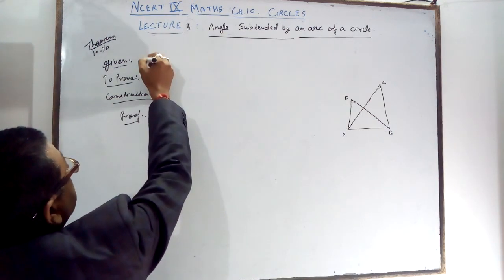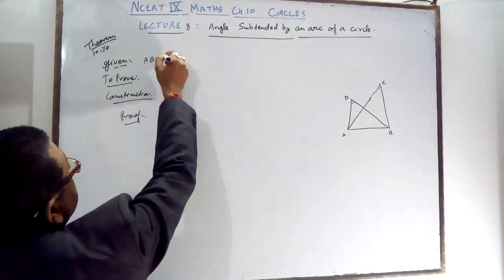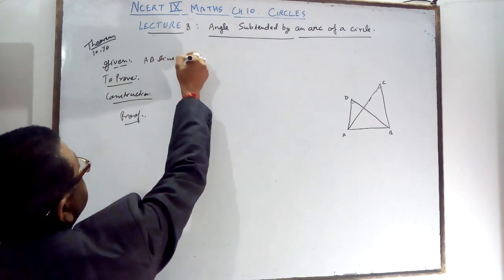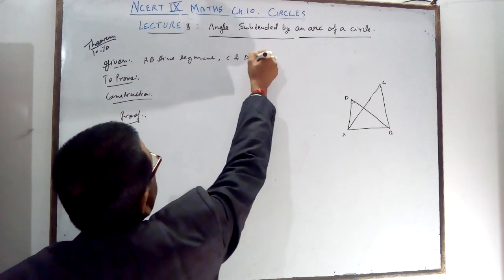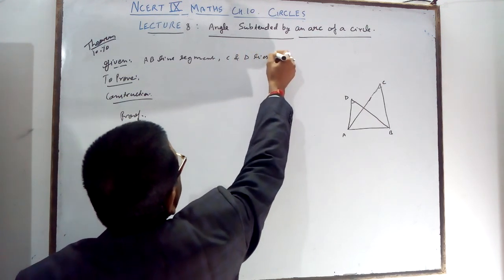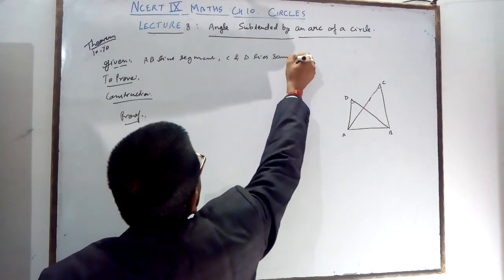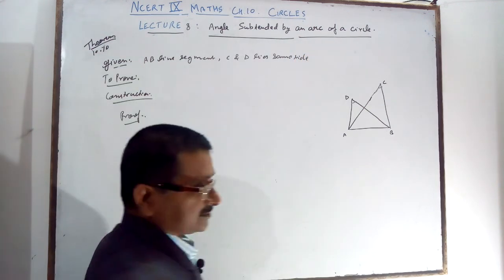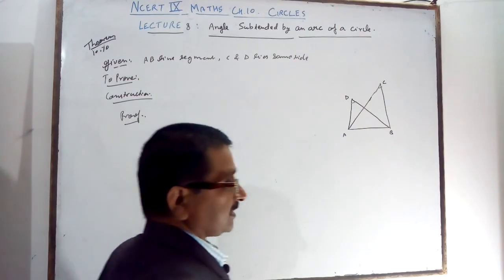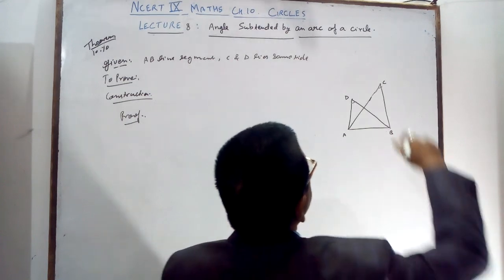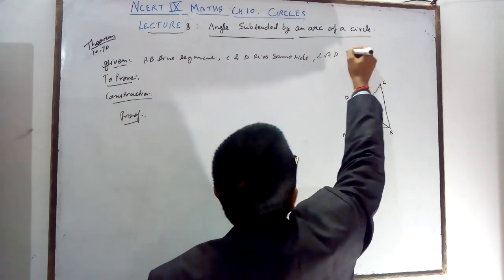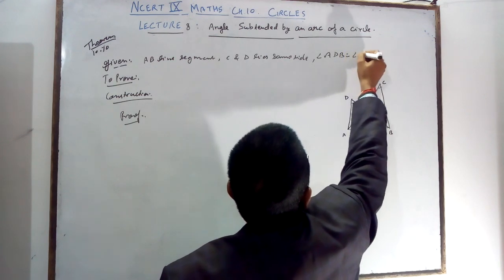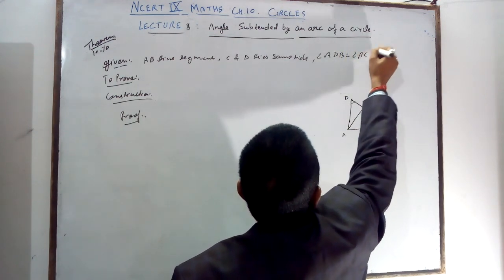So, AB is a line segment. What is given? C and D lie on the same side, and angle ADB is equal to angle ACB.